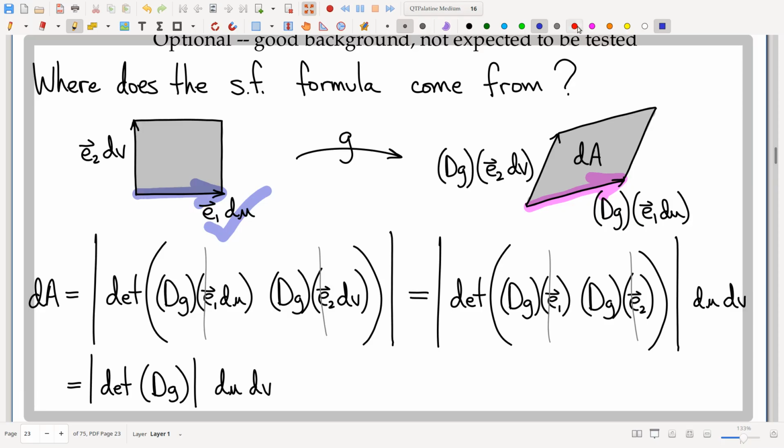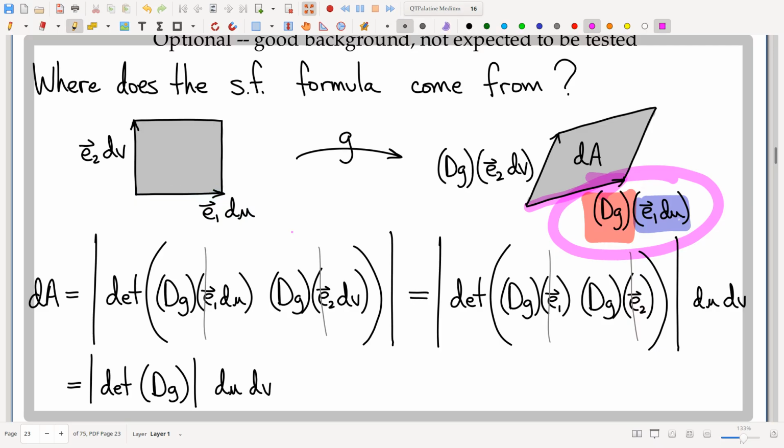So the derivative matrix, dg, is what you multiply by that input vector to get that output vector. Does that seem reasonable? Likewise for the other edge, of course.